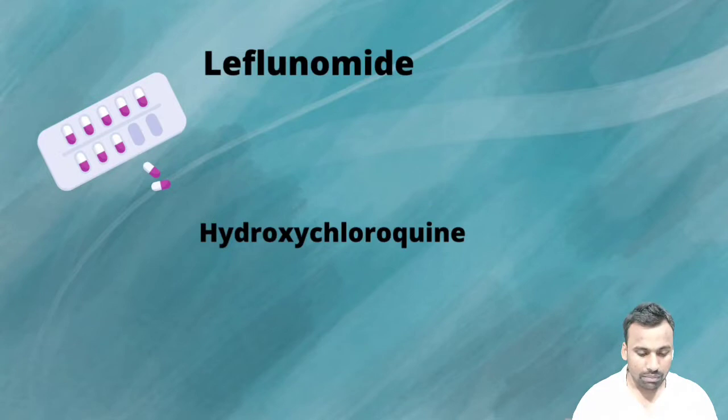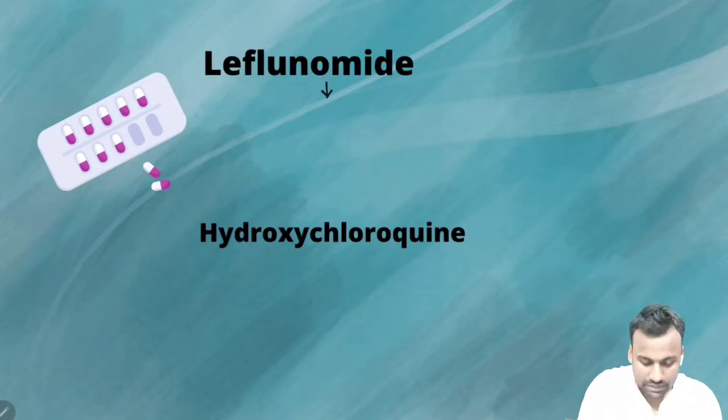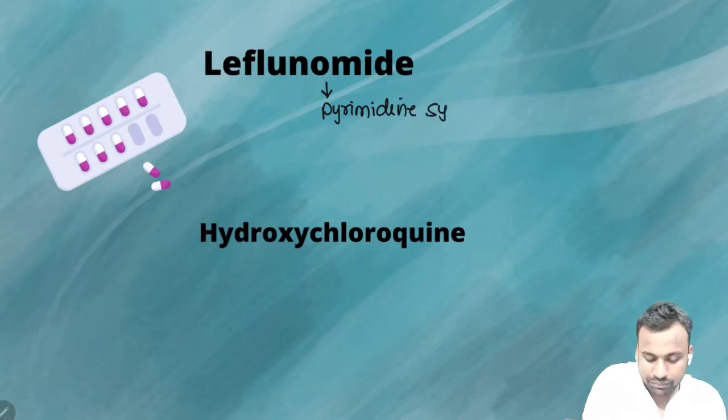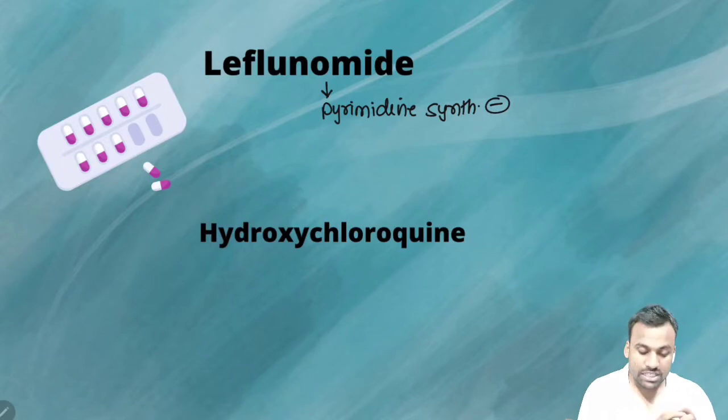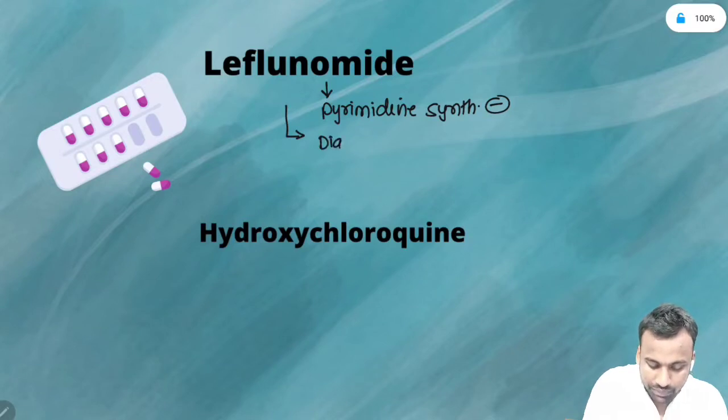Leflunomide is a pyrimidine synthesis inhibitor. If you give leflunomide, the patient may have problems like diarrhea.